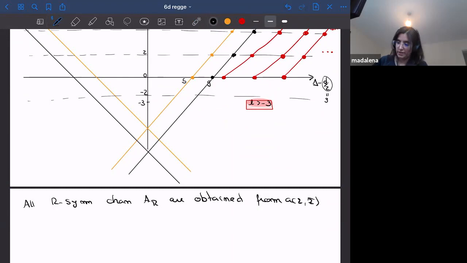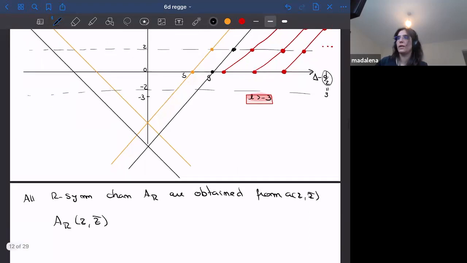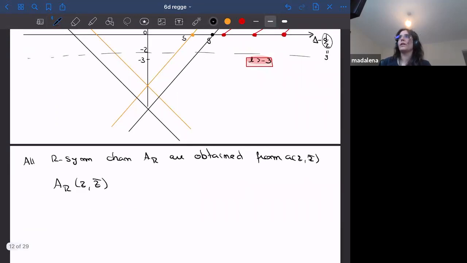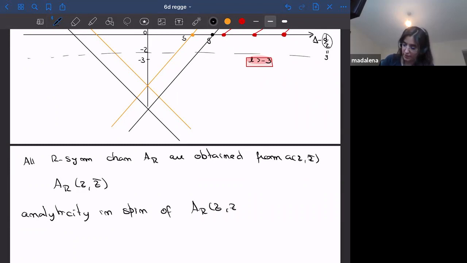But it turns out that just having this structure here is not sufficient to guarantee that the Regge trajectories are analytic in spin in the sense that we expect them to be. So analyticity in spin of these functions is not guaranteed.